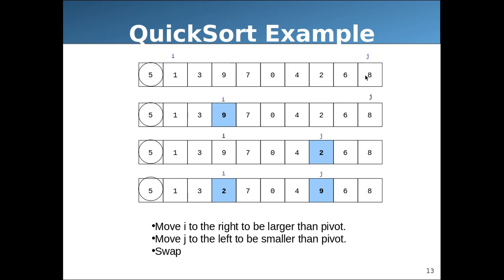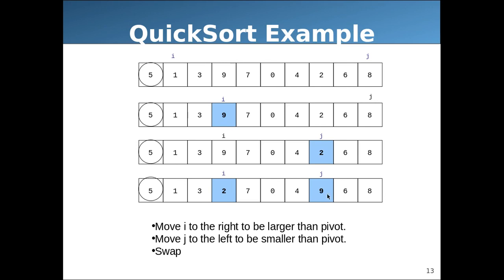And j the same, as long as it finds elements that are greater than 5, it's going to keep going until it finds a conflict. So i is moving, it finds 9, which is not less than 5. Now it's going to start decrementing j, and 8 is fine, 6 is fine, but 2 is not. 2 is in the wrong place. So now we're going to do a swap. Right, we're going to swap 2 and 9.